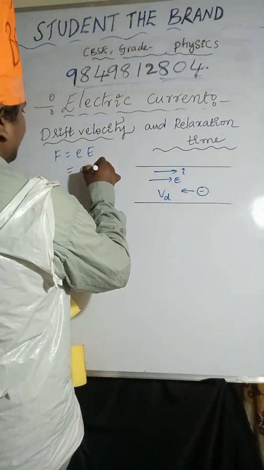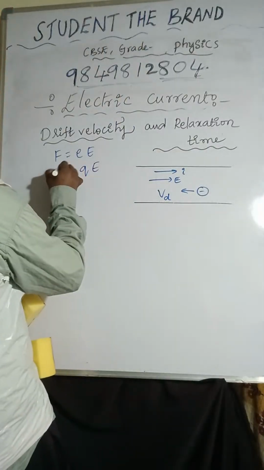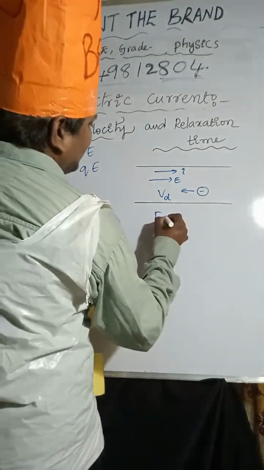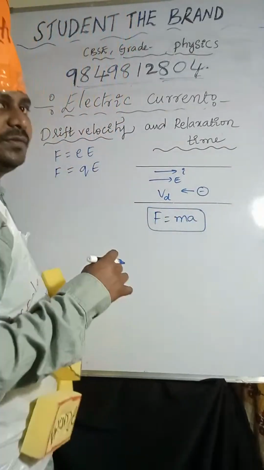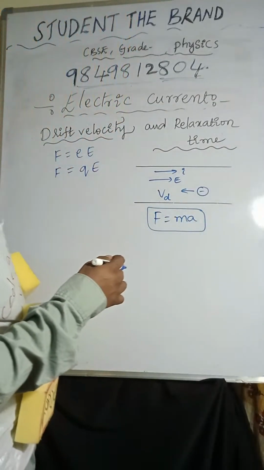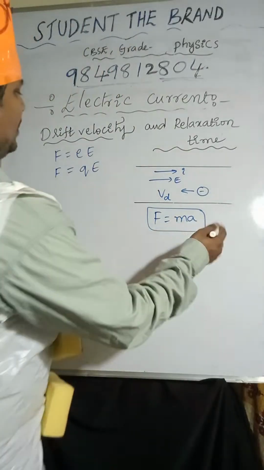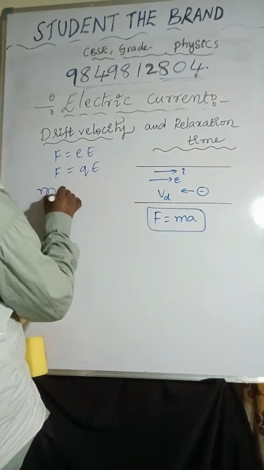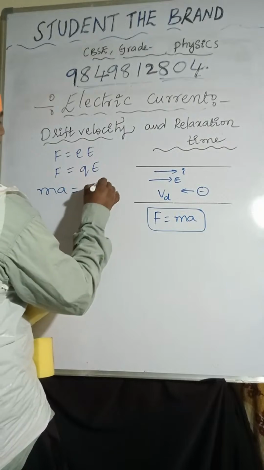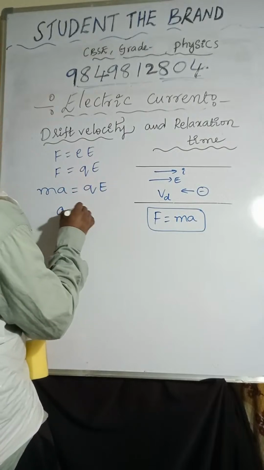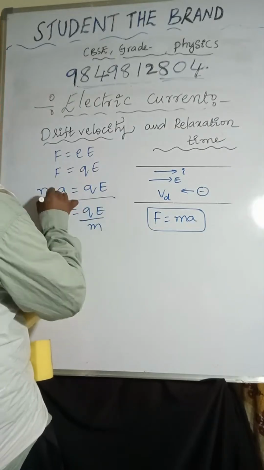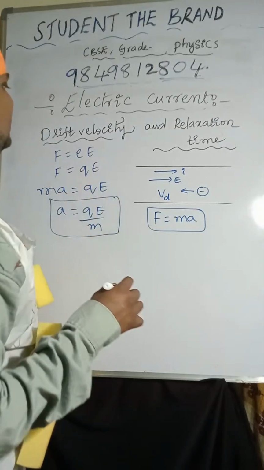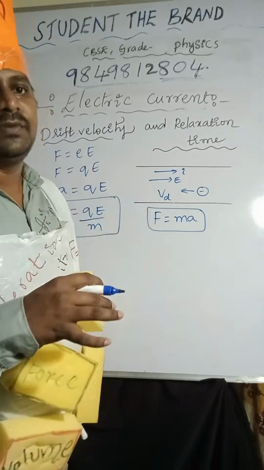Then we know that force equals mass into acceleration, so F equal to MA. So MA equals Q into E, then A equal to QE by M. So that is the acceleration. I hope it is very clear.